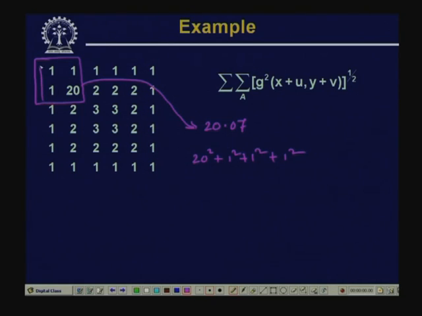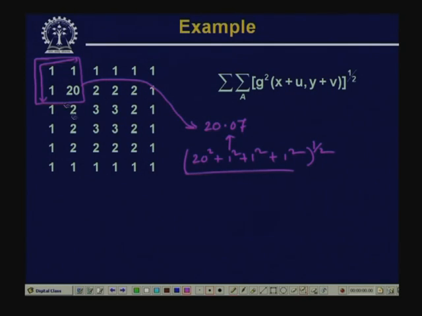Other elements for this shift within this 3 by 3 window are equal to 0. So, this is what we get. I have to take the square root of this. So, if I compute this component, I get the value of 20.07.